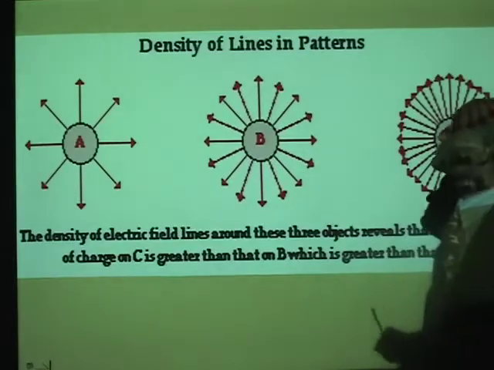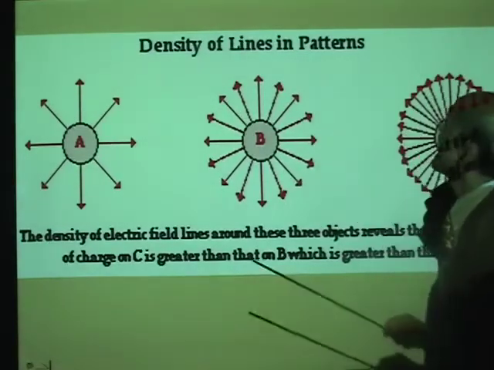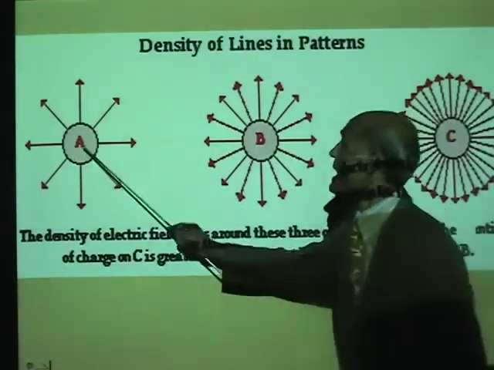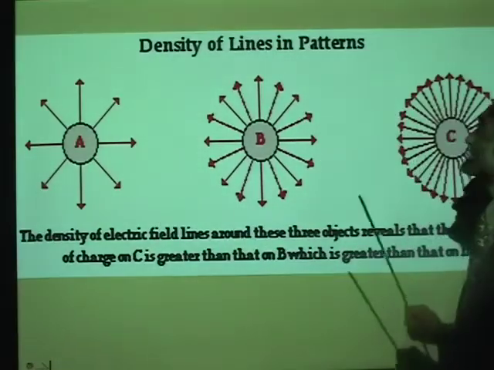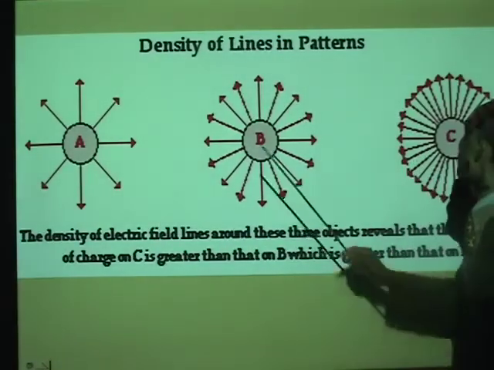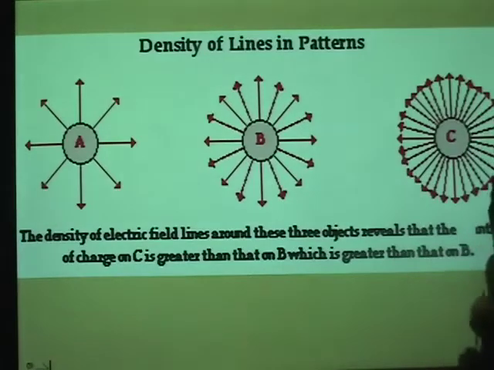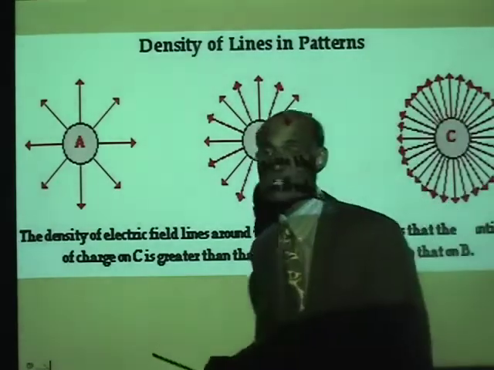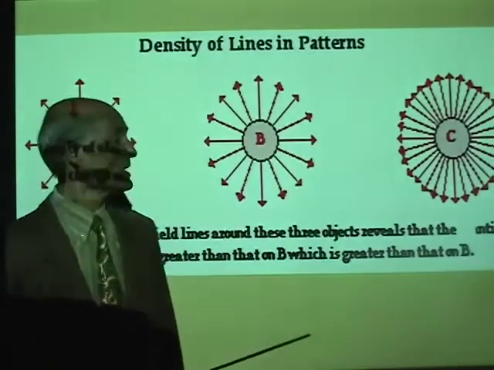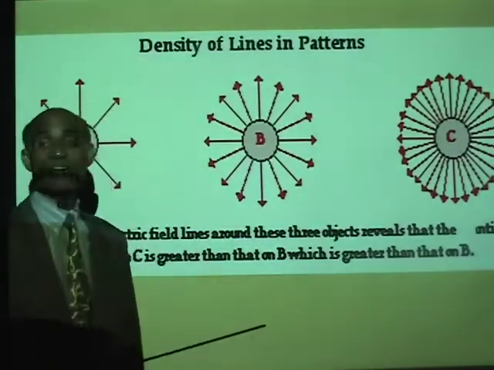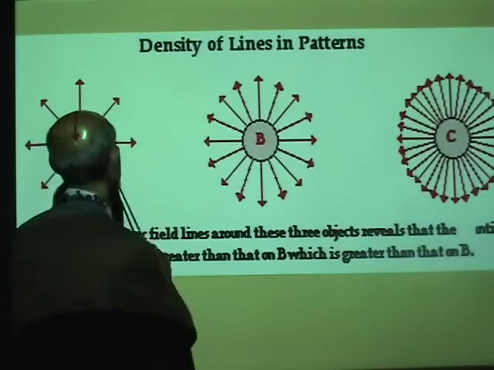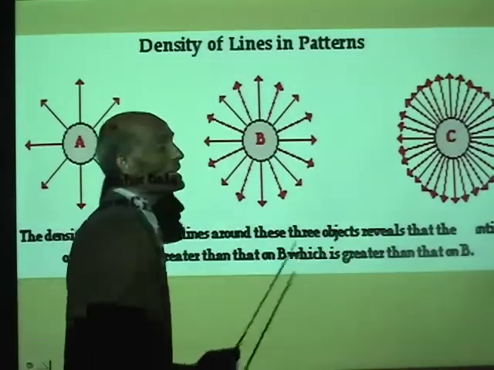Now, here I have an illustration. Density of lines in pattern. A, B, and C. Now, which of these carry a greater amount of charge? That will be easily understandable now, is that right? Which of these carry a greater amount of charge? A, B, or C?